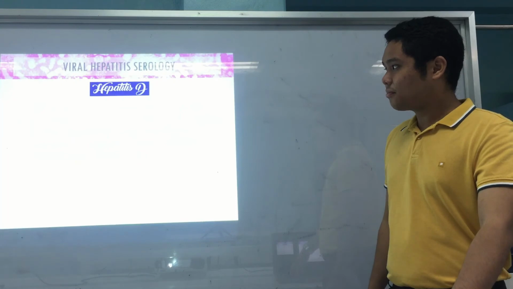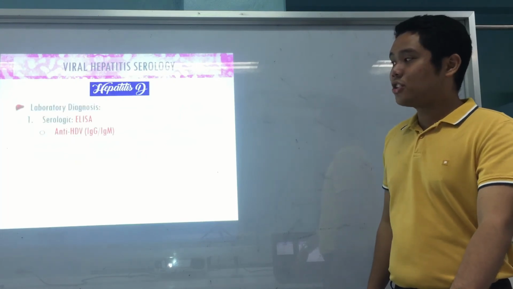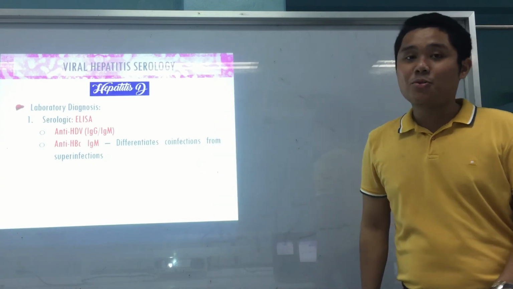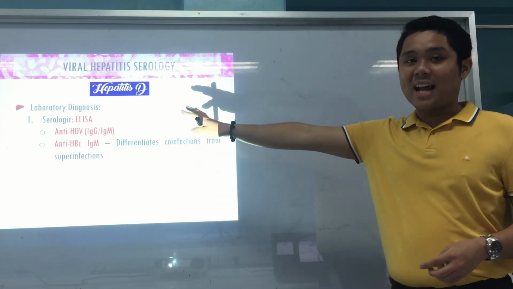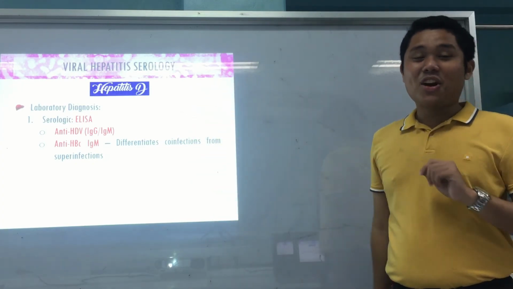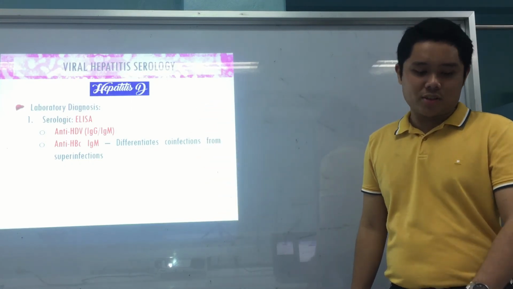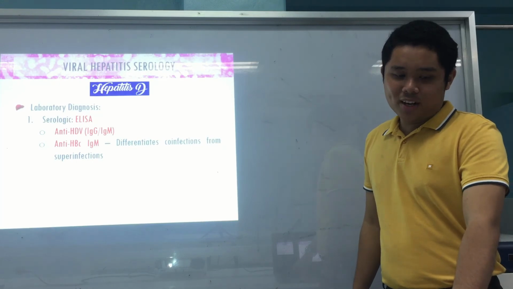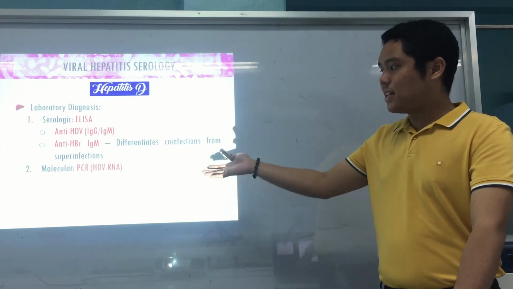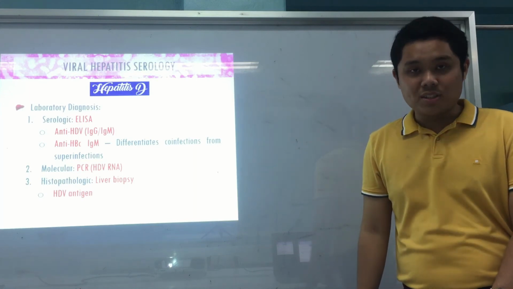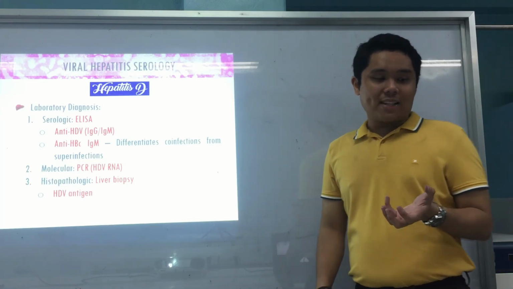Okay, alright. So for lab diagnosis, serological is ELISA. We detect HDV antigens and anti-HBV antibodies, sorry, the antigens. And your anti-HBc IgM, which differentiates co-infections from super-infections. I will explain that later. And molecular is of course PCR to detect HDV RNA, and histopathologic is liver biopsy to detect the HDV antigen.